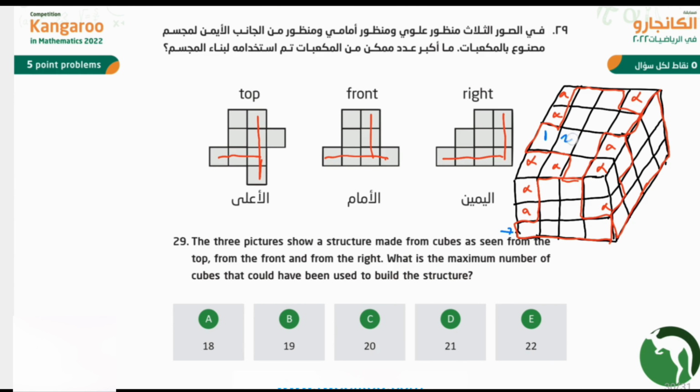Now here we will have two, because from this side we have just two, so we cannot have more than two. Although here we have three, we cannot put three here because on this side we have two, and here similarly two. Here we will have just one, because from the right side we just have one.